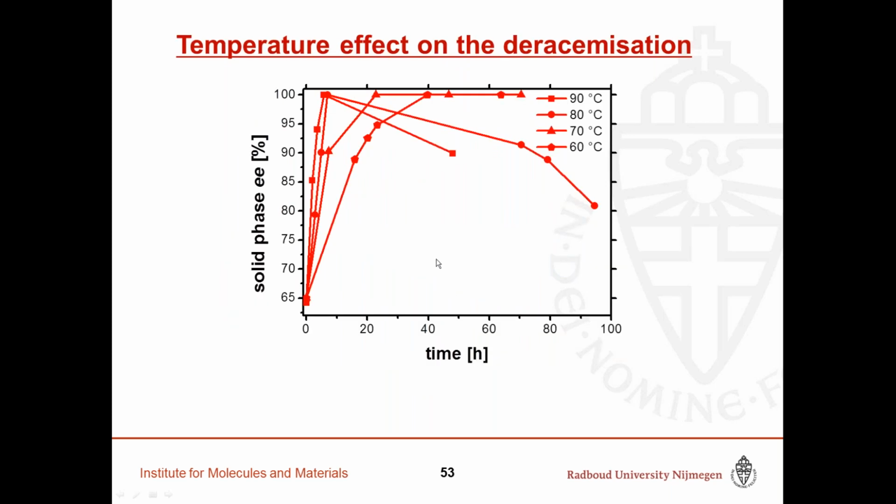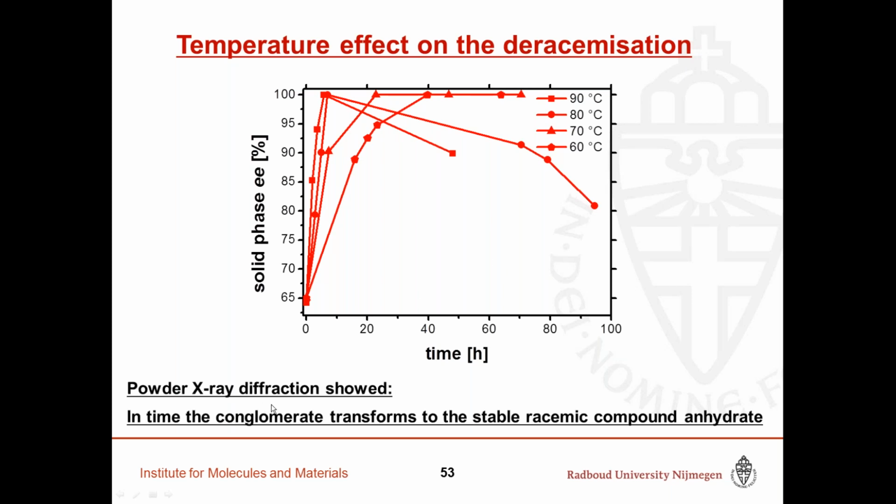And what she found was that if she lowered the temperature during the process, then she could get Viedma ripening up to 100% and keep it at that value up to some 70 hours. But you see also already the shape of this deracemization curve is not the typical sigmoidal curve which we're used to.